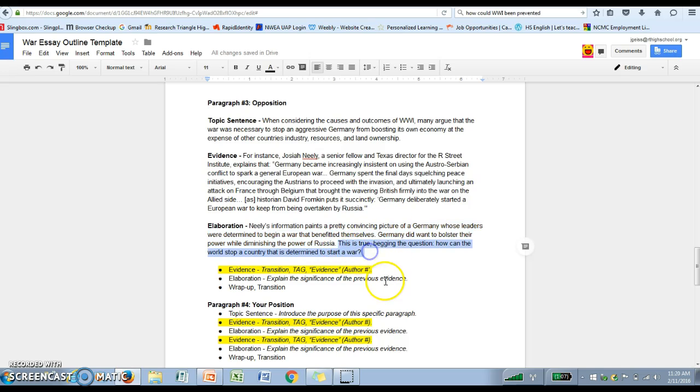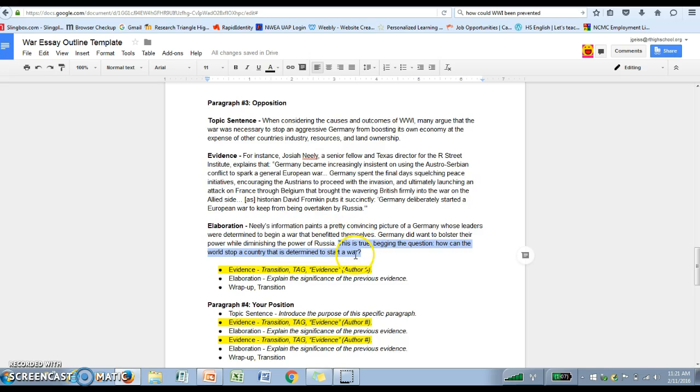Then there is this transition, which is going to be important for our next piece of evidence. The transition says, this is true, begging the question, how can the world stop a country that is determined to start a war? So here, it sets up a question that is essentially Neely's question. He's saying that World War I was inevitable because of Germany's actions.